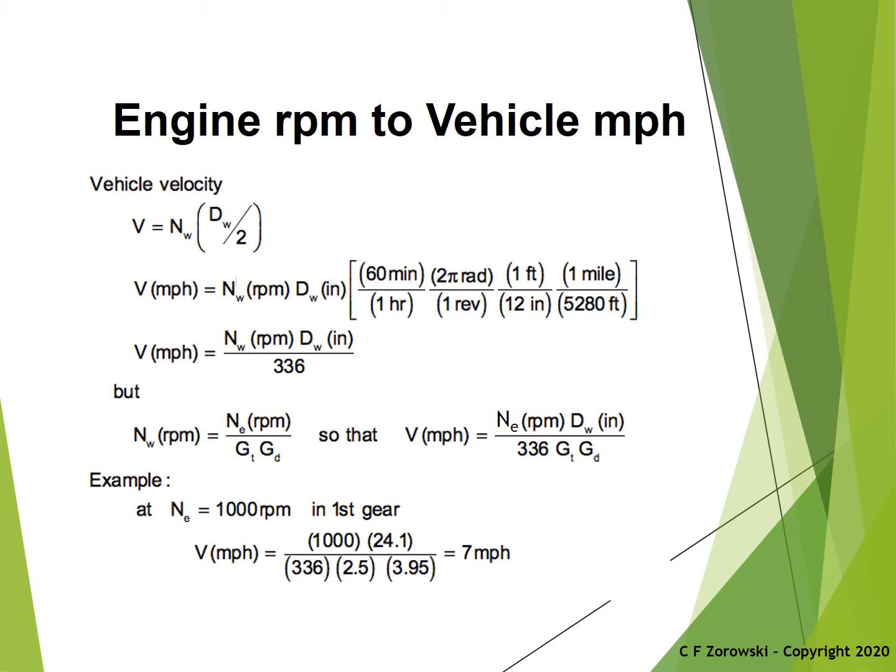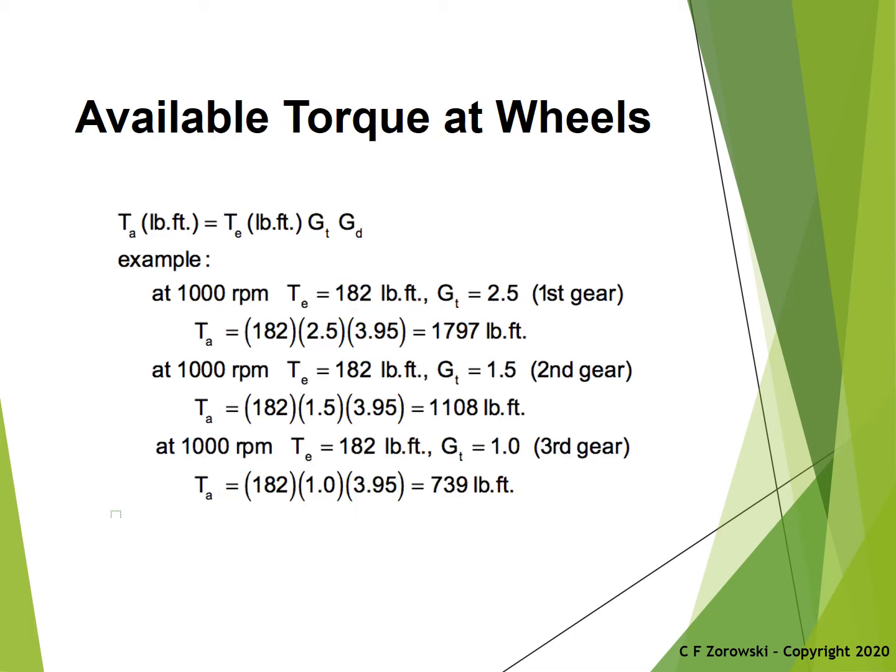At an engine speed of 1,000 RPM in first gear, a vehicle velocity of 7 miles per hour seems quite reasonable. A transmission with a positive gear ratio reduces speed from input to output while increasing the transmitted torque. The torque available at the wheels is calculated by multiplying the engine torque by the three gear ratios.